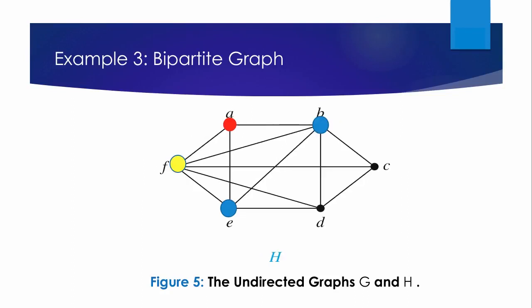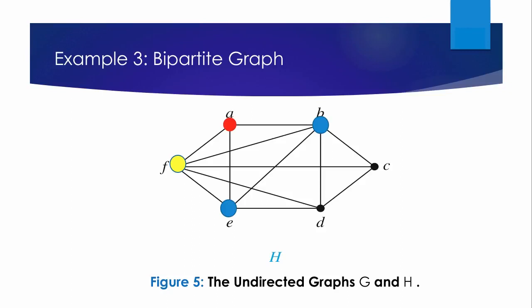Next, we will try to assign either red or blue to each vertex in graph H, so that no edge in H connects a red vertex and a blue vertex. Without loss of generality, we will assign red to A. Then, we must assign blue to B, E, and F, because each is adjacent to A. But this is not possible because E and F are adjacent, so both cannot be assigned blue.